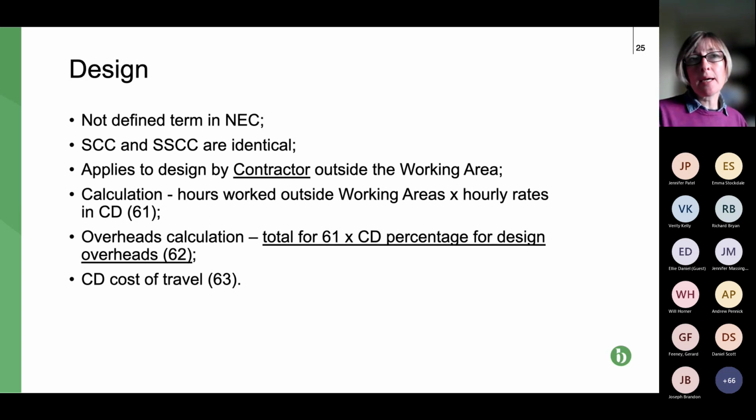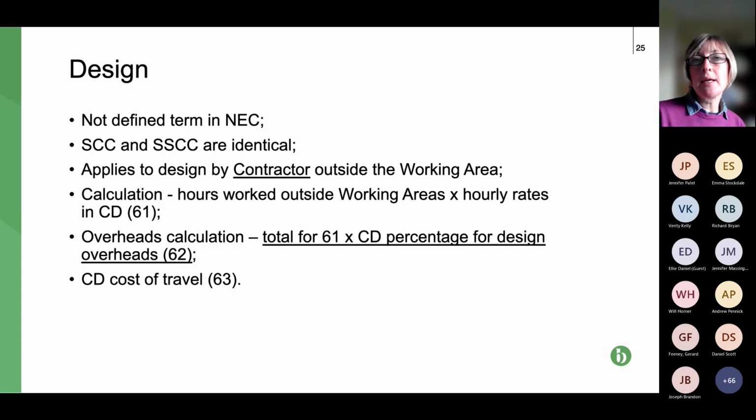So in this case, there's a part in the contract data part 2 to include designers' hourly rates. So all it is is number of hours times hourly rates. They just need to keep a record of hours spent on a particular item. So that covers the cost for that individual for their work.